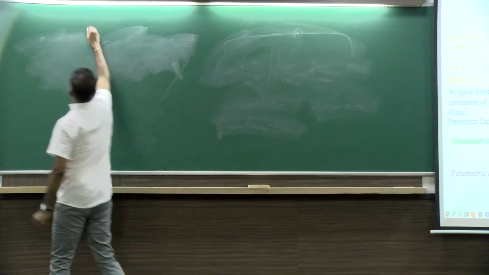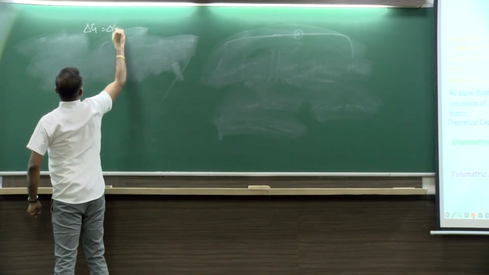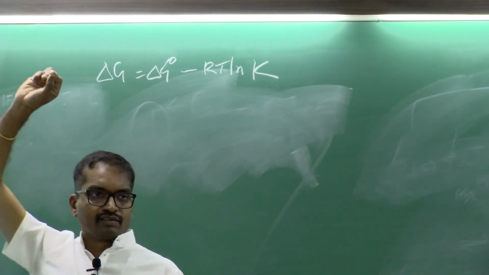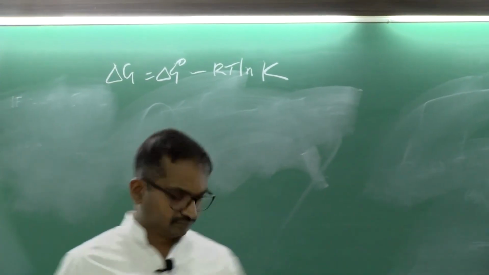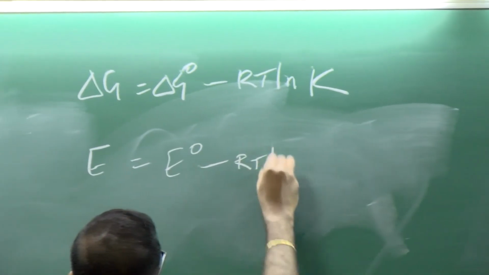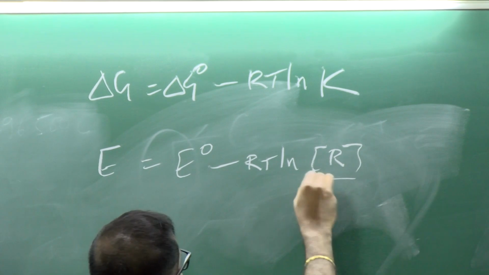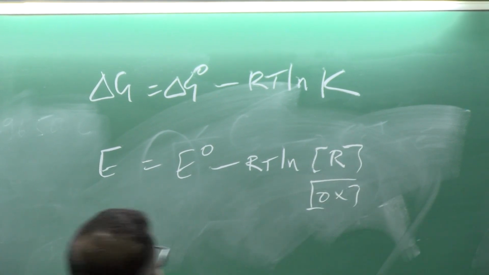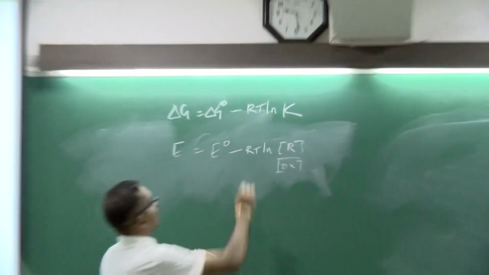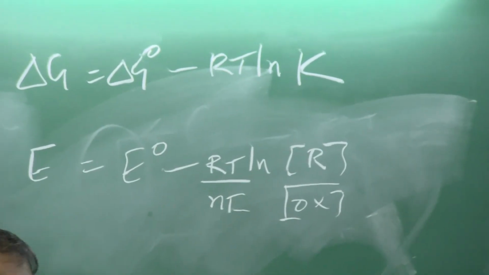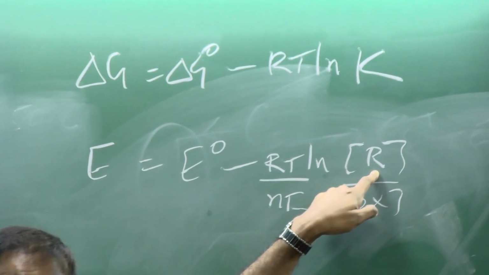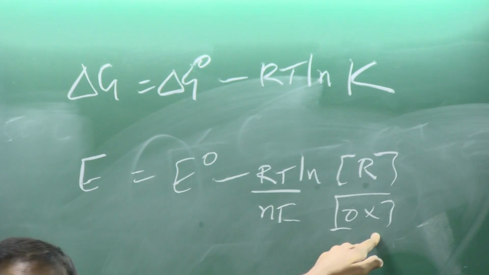So, to determine, we are going to use this equation. You know this equation. What is this equation? So, the equivalent of that in electrochemistry is, for a half cell, written like this: E equal to E naught, the standard potential, minus RT by nF, where n is the number of electrons involved in that reaction, ln of the reduced form of the species over the oxidized form of the species in the equilibrium.